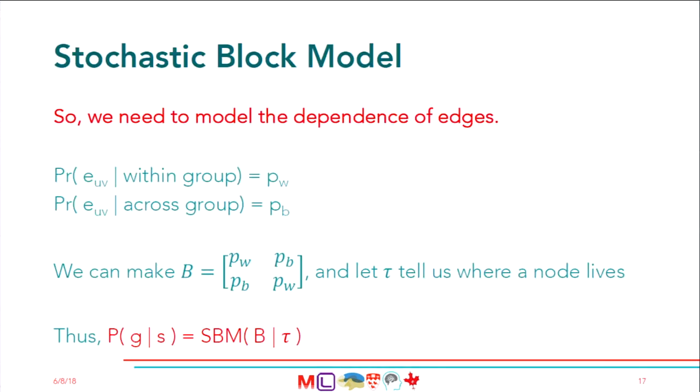A slightly more complex way that we can represent this is through something called a stochastic block model. What this allows us to do is define a dependence between edges based on group membership. So we have some probability of connection of edges within a group, and some probability across groups. And there's no reason that these probabilities, say, within group A and within group B, need to necessarily be the same.